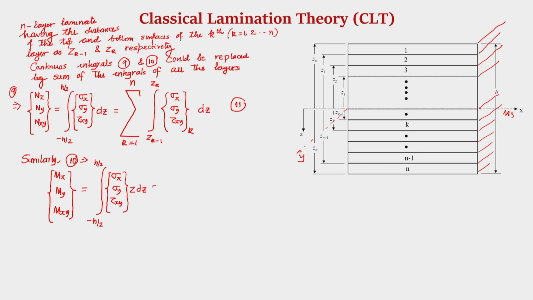Therefore, this could be replaced by summing the integral for all the layers, for k equal to 1 to n, of sigma x, sigma y, tau x y for the kth layer times z dz. So this is equation number 12.